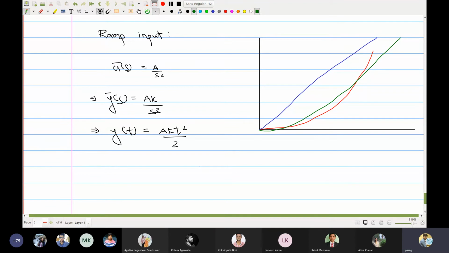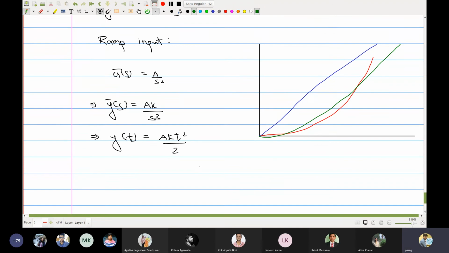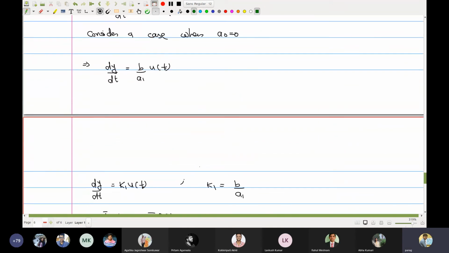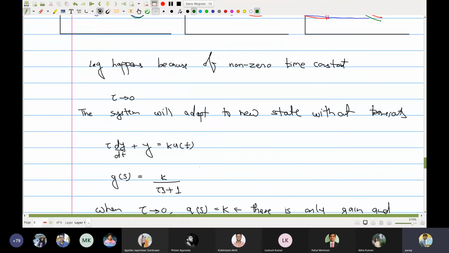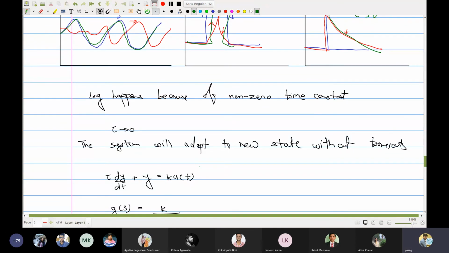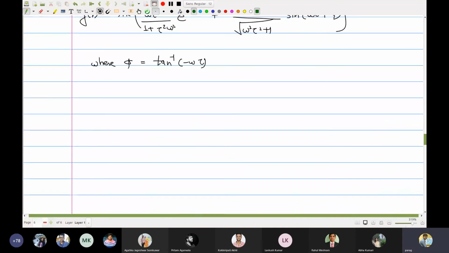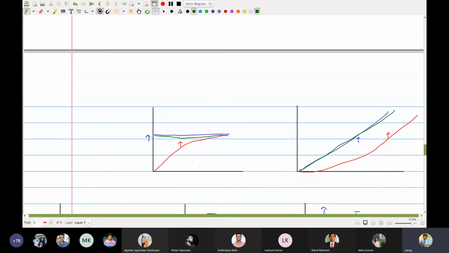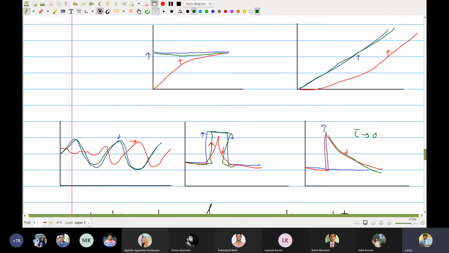So therefore, what is the take home message for this entire analysis? When you look into the input function, in the first case you have a step input, then a ramp input, then a sinusoidal input, a pulse input, and then an impulse input.